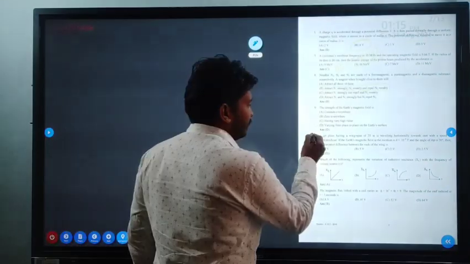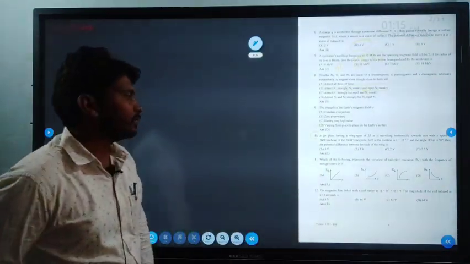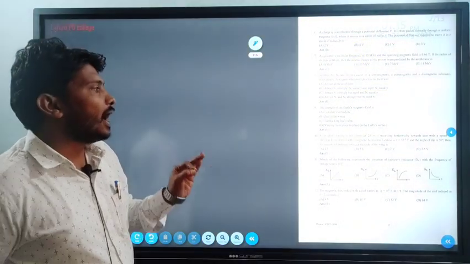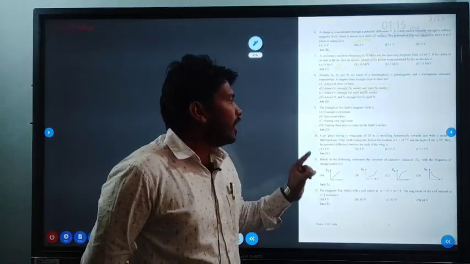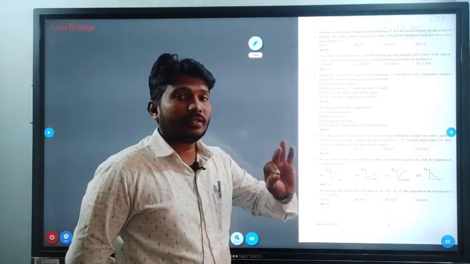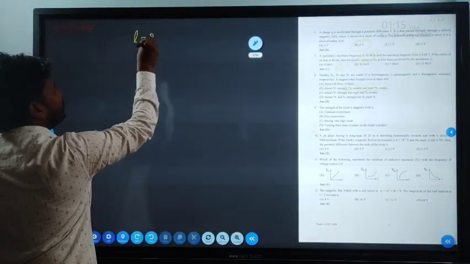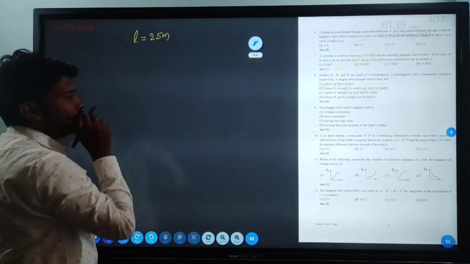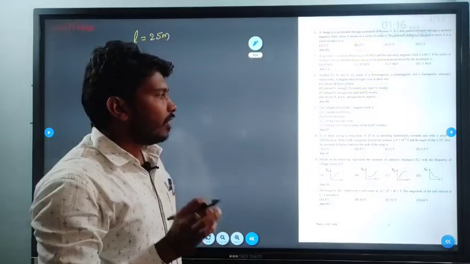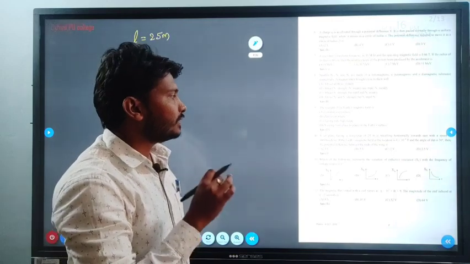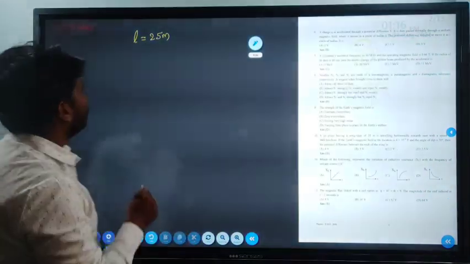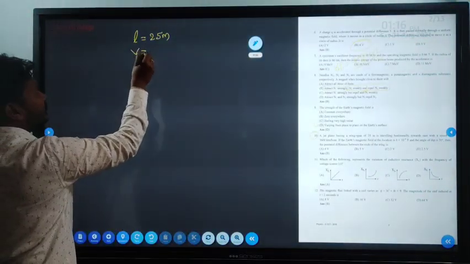Then the 10th question, let me read out the question first. A jet plane having wings of length 25 meter is traveling horizontally towards east with a speed of 3600 km per hour.